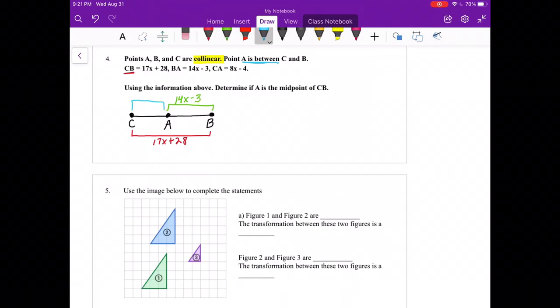Same thing for CA. We're going to write that equation, 8x minus 4. Now we have our diagram completely labeled. Our next step is to set up the equation that says a part plus a part equals the whole.